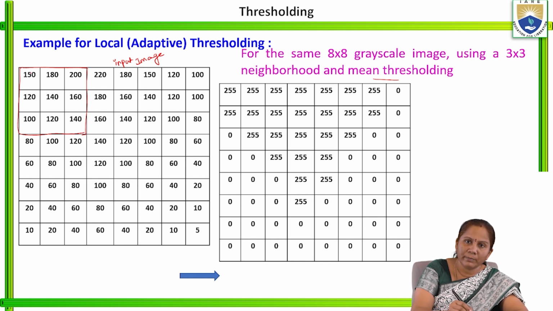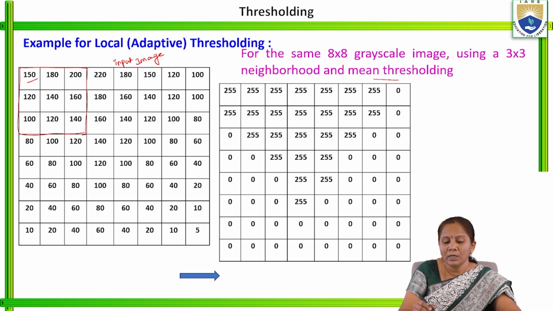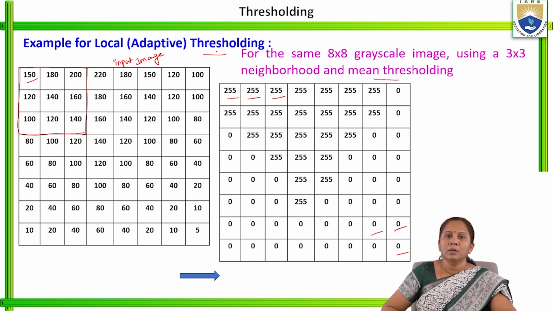First we start from here, placing the mask on this pixel such that it is at the center of the origin. Then calculate the mean using the formula. We will get some intensity value. Compare that intensity value with the threshold value T. If it is above the threshold, place it as 255. If the mean value is below the threshold, place it as 0. So this is local thresholding, or adaptive thresholding.